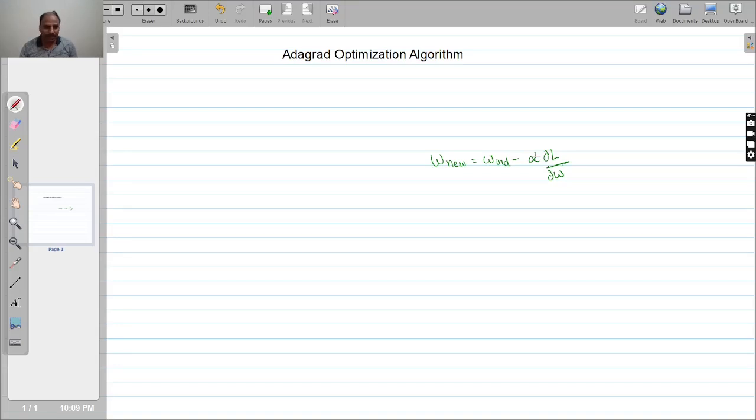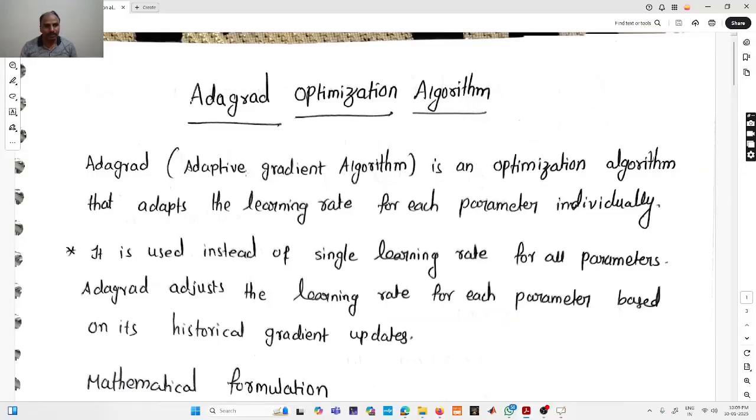The definition of the Adagrad algorithm is an optimization algorithm that adapts the learning rate for each parameter individually. It is especially used on sparse data, because we know sparse data consists of many features that are zero. In those cases, if I maintain a common learning parameter for every feature, that will lead to problems and it will be time consuming.